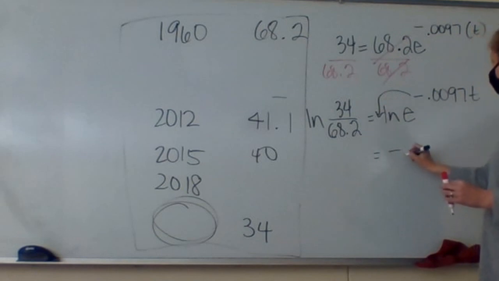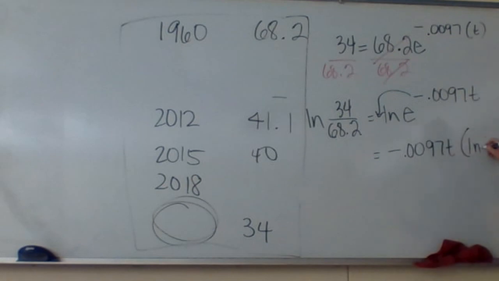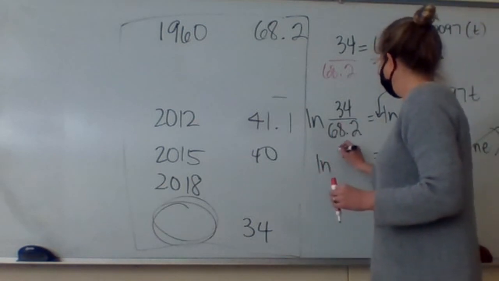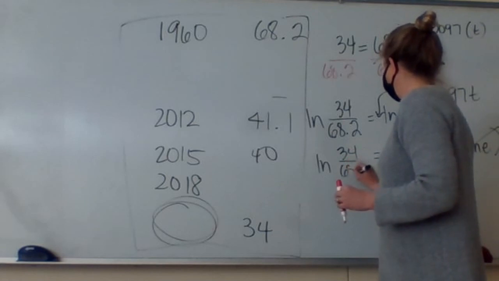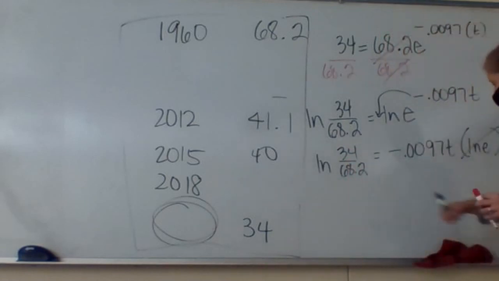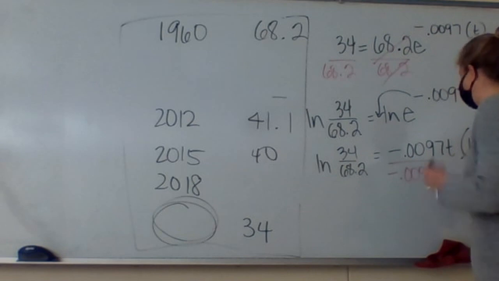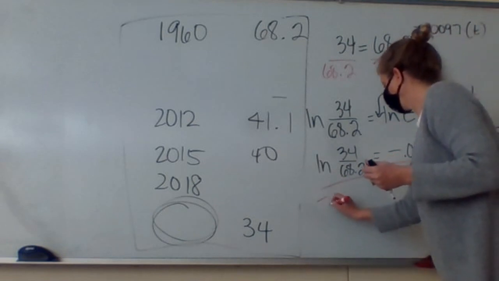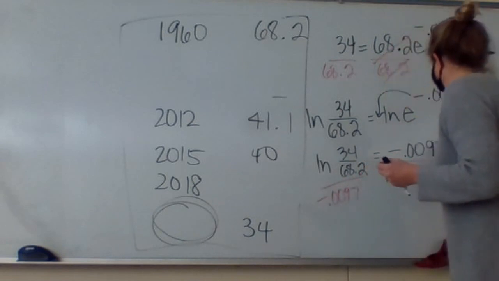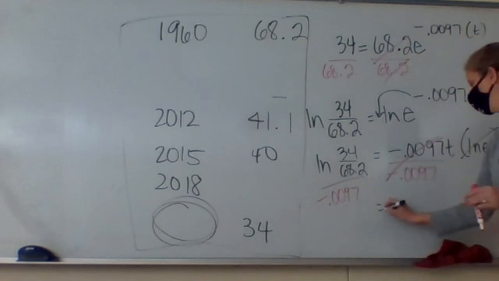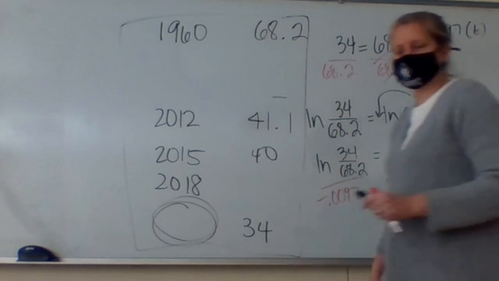So now I have negative 0.0097 T of ln E, which means, remember, that's a 1, equals ln of 34 over 68.2. So in order to solve for this T, I just need to divide both sides by negative 0.0097. That will get my T by itself.